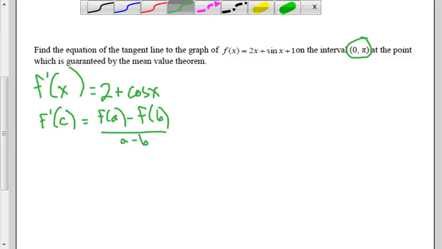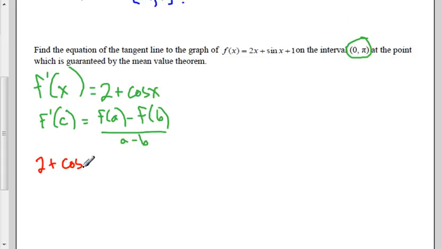So f prime of c is 2 plus cosine c. It's going to be equal to f of 0, and I'll write these the long way first, minus f of pi all over 0 minus pi.